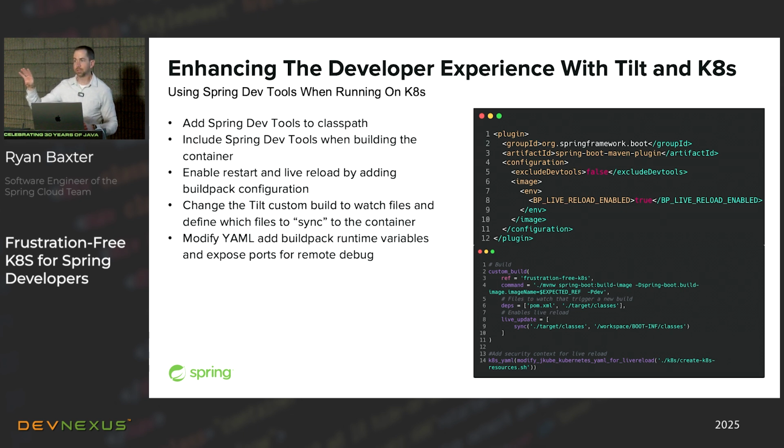Spring DevTools notices that those class files have changed and will automatically restart the application context, just like it does when you're making changes locally in your application in your IDE. And so we get this very fast feedback loop that is very similar to what we would have if we were doing development locally, but yet the application is running on the cluster in Kubernetes. That's not useful all the time, but it's useful in certain scenarios, so I want to demonstrate that as well.